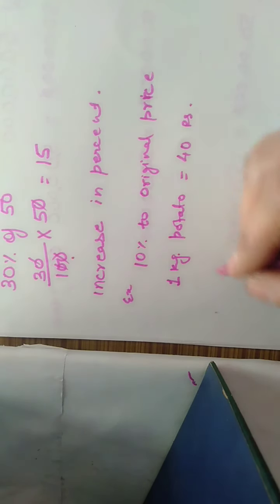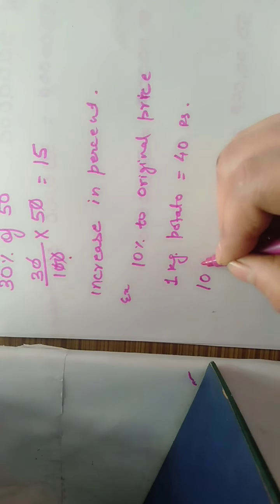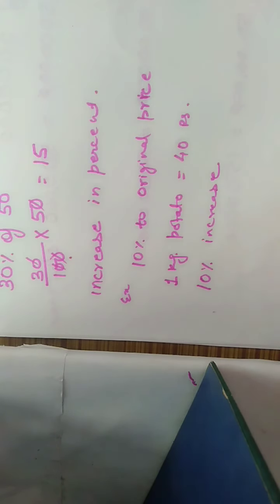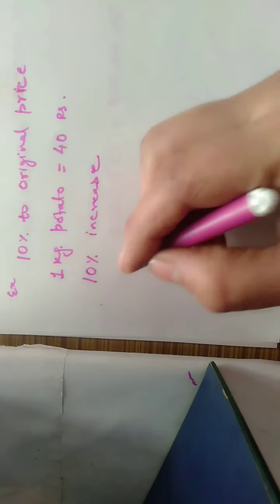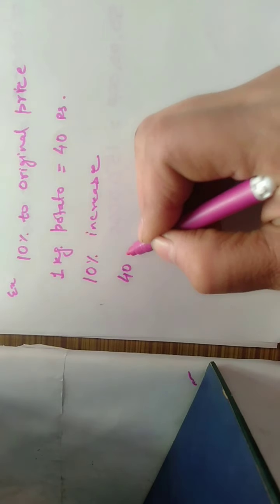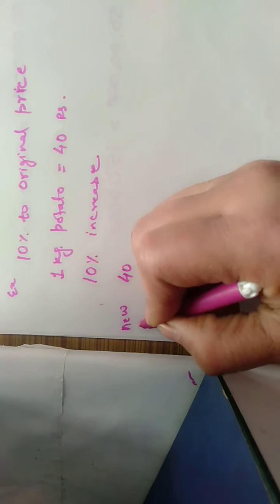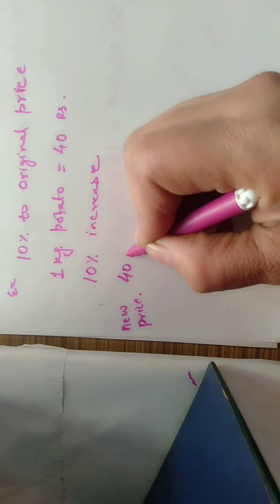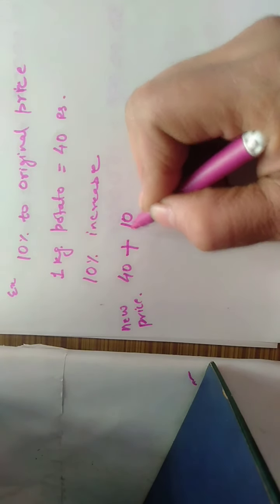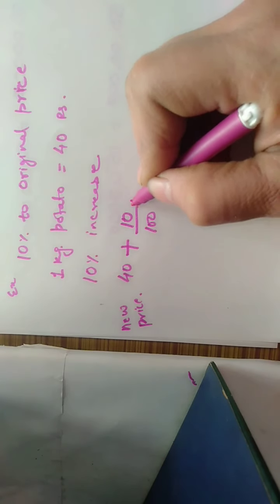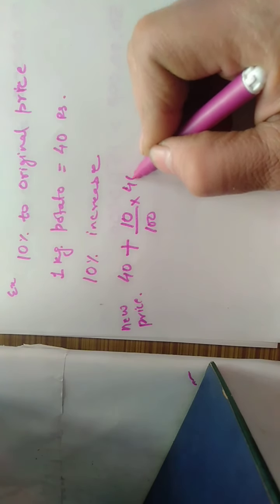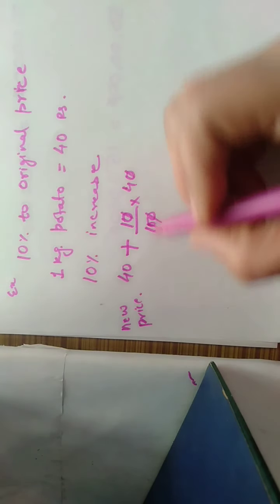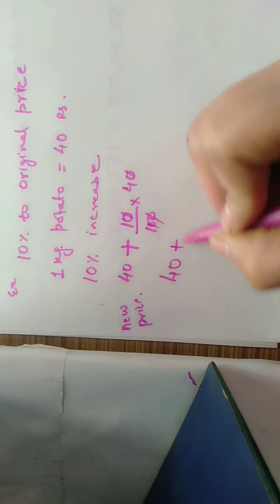Now the price increases by 10%, then the new price will be 40, the original value, plus the 10% increase. 1 into 4, 4. That is 40 plus 4.